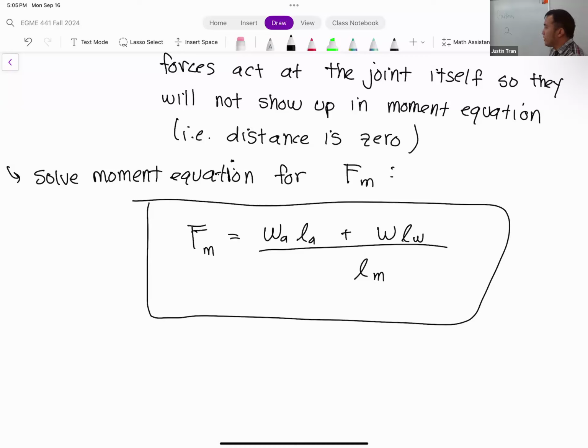I really like to do these examples in terms of the variables first, because there's a lot you can learn from an expression like this that tells you a lot about the system itself. I think the tendency, and I was like this too when I was a student, is always to plug in numbers as soon as possible to get the result.